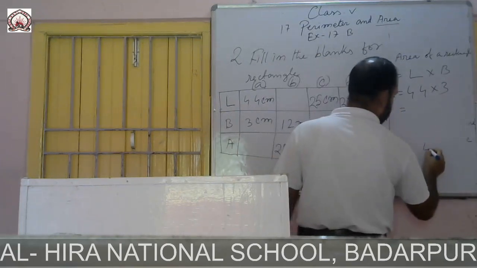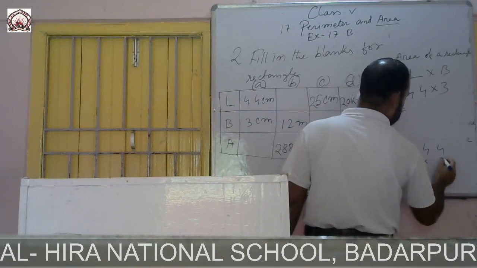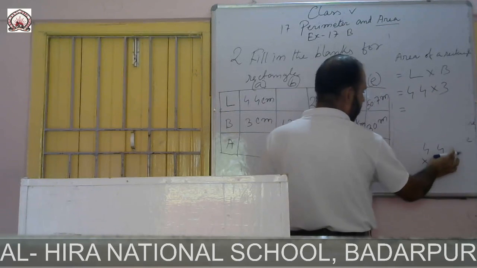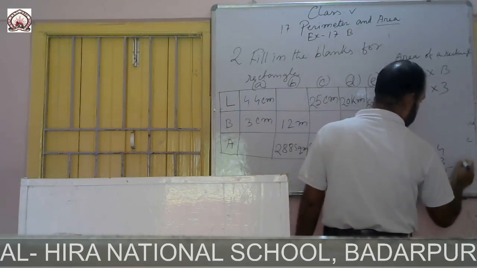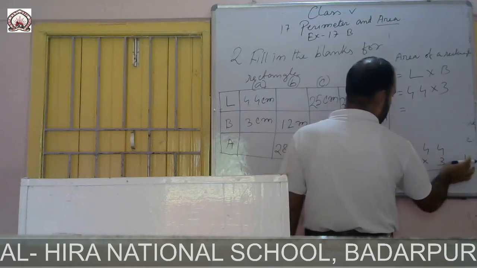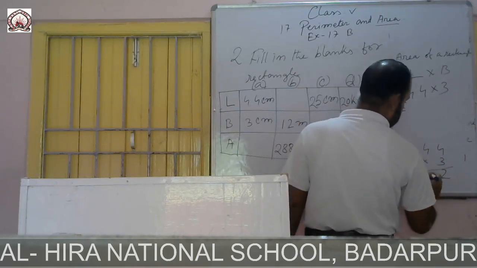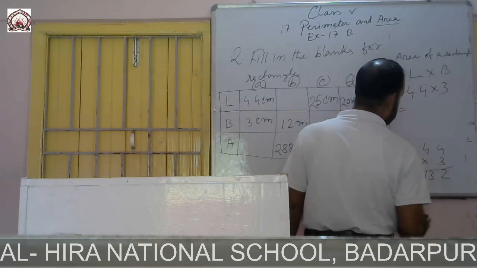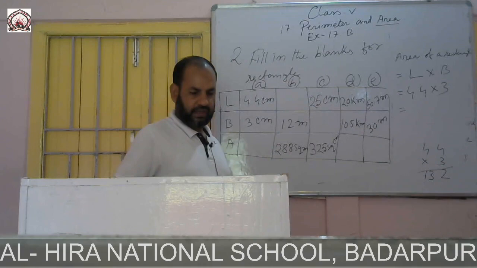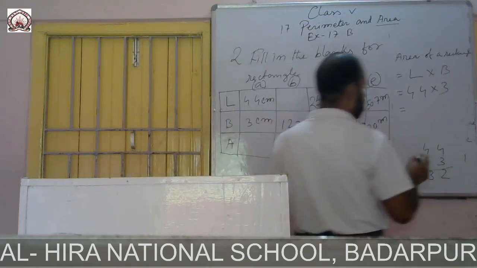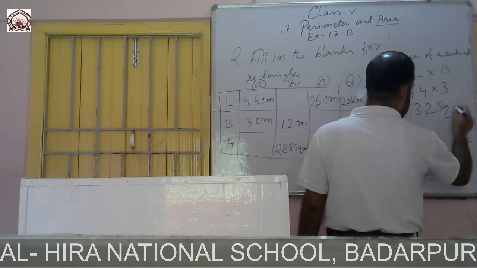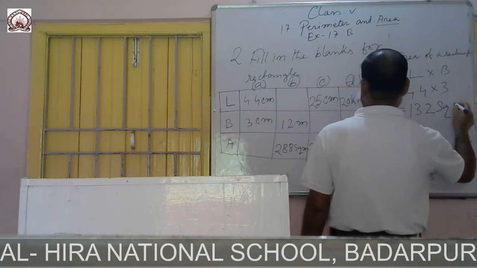So 4.4 into 3. 3 fours are 12, 2 and 1 in my hand. 3 fours are 12, plus 1 is 13. The point is there, so the answer is 13.2 square centimeter.